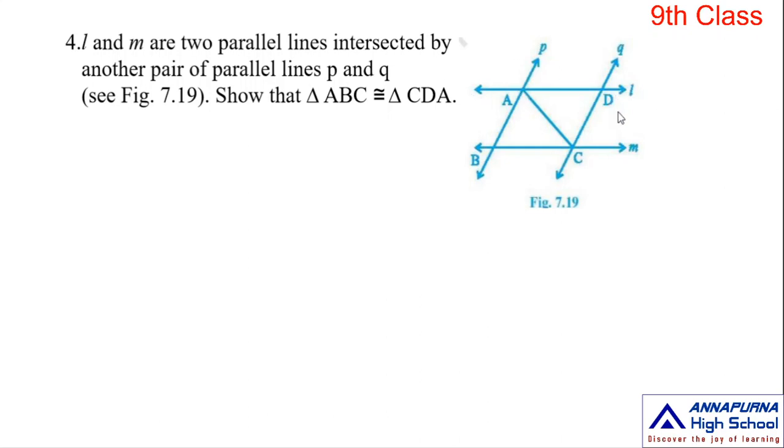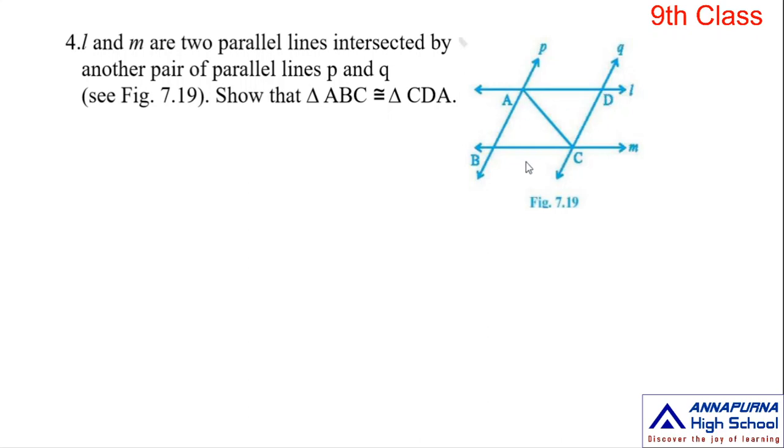The lines L and M are two parallel lines intersected by another pair of parallel lines P and Q. We have to show that triangle ABC is congruent to triangle CDA. Observe the figure.